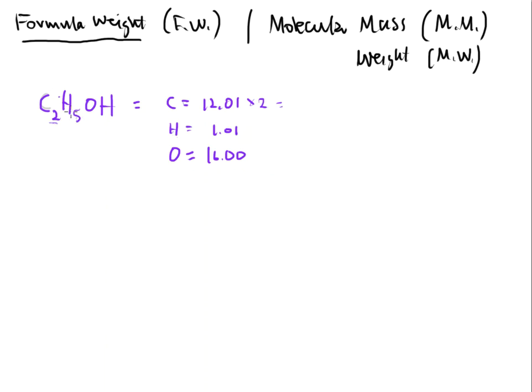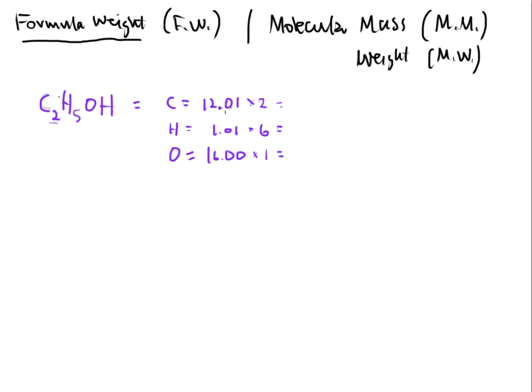I see 5 of them here, but I get an extra one from that end one. Remember, I said don't forget about it. So there's actually a total of 6. So 5 from the hydrogen and 1 more from that one. So that's a total of 6, and I need to multiply by 6 in order to calculate the proper formula weight. And then finally oxygen, well, there's just one of those, so I'm going to put 1 there, and that's going to be an easy calculation for me.